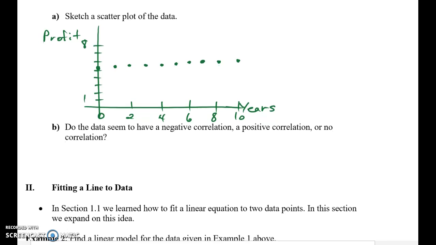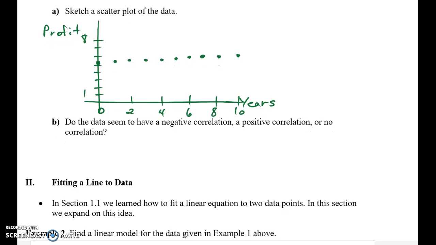Next, do the data seem to have a negative correlation, a positive correlation, or no correlation? Well, I think it's pretty clear here. Looking at the trend, as x increases, y does increase as well. Close to being linear in nature.